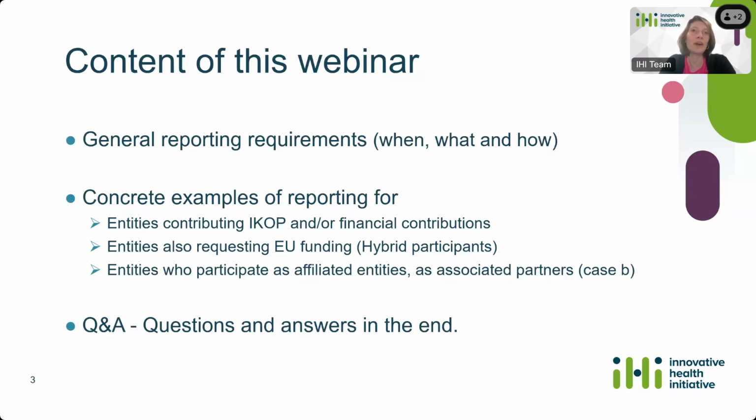We call them the hybrid participants, and also for entities who are participating as affiliated entities or as associated partners. And then, at the end of this presentation, we still have some time to answer the questions that you have written in the chat.